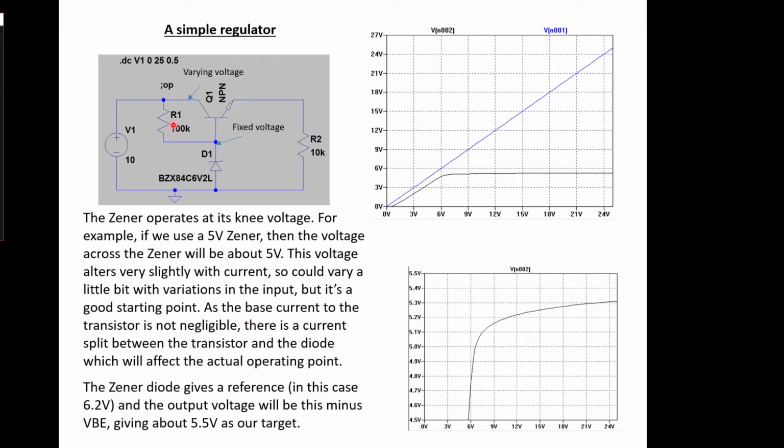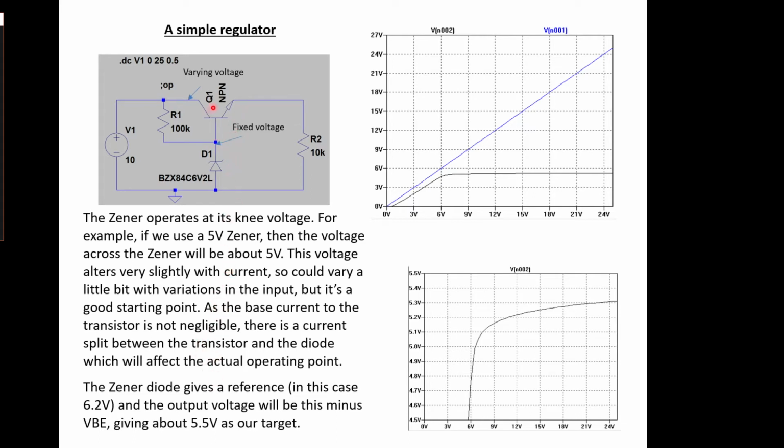So what we've got is an amount of current flowing through here, and some going into the transistor as well to make the transistor on, to keep it going. And what we're trying to do is maintain the voltage here, which gives us a fixed VBE across here when this is conducting, and that will give us a form of regulation.